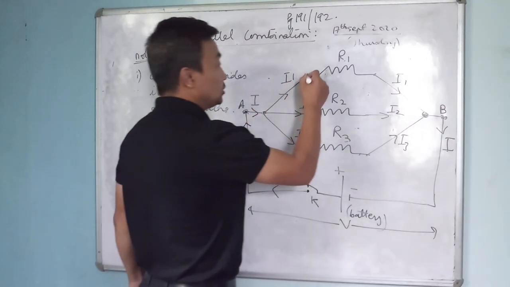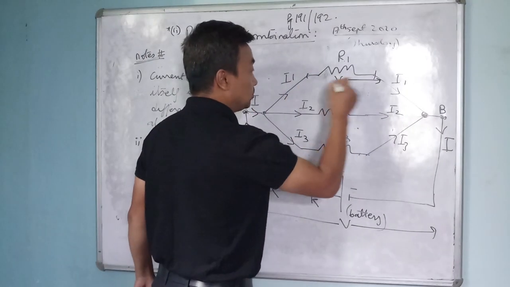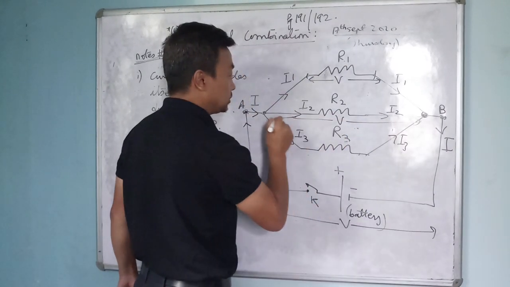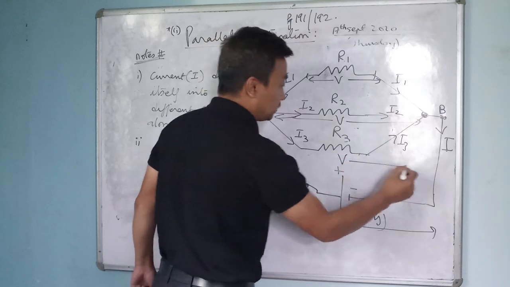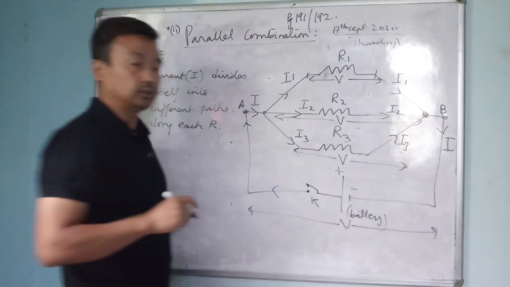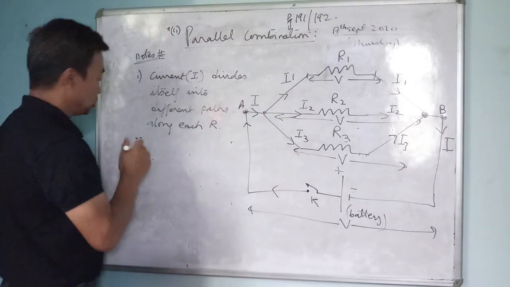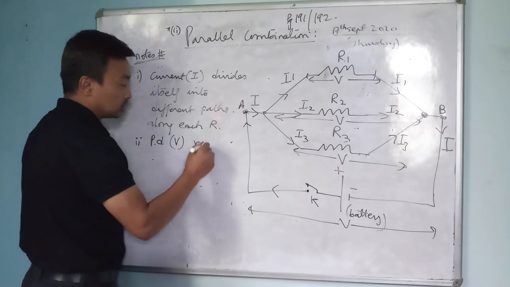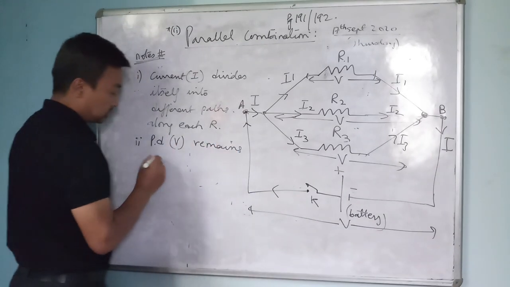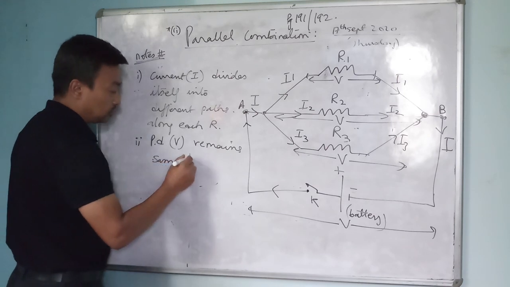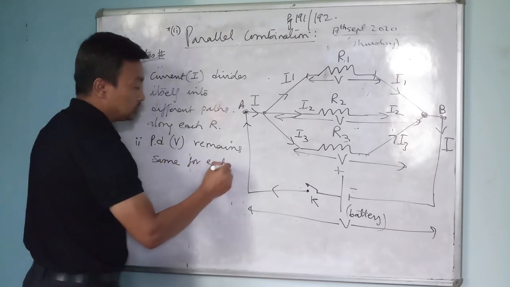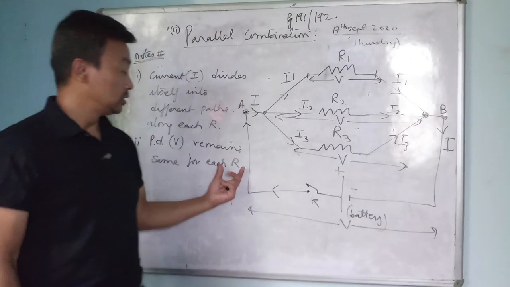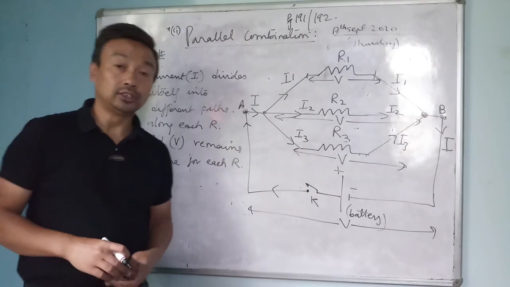So for the resistor R1 also you will have the same potential difference V. For the resistance R2 also you will have the same potential difference V, and for the resistance R3 also you will have the same potential difference V. So potential difference V remains the same for each resistor. I'm just writing R, please get it that this is each resistor, meaning individual resistance.